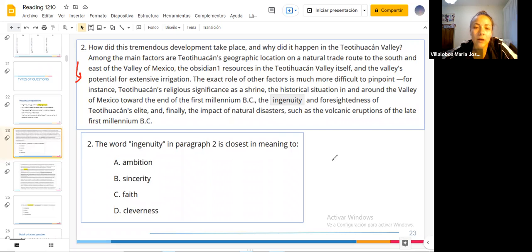For instance, Teotihuacan's religious significance as a shrine, the historical situation in and around the Valley of Mexico toward the end of the first millennium before Christ, the ingenuity and forcing of the Teotihuacan's elite, and finally the impact of natural disasters such as volcanic eruptions of the late first millennium before Christ.